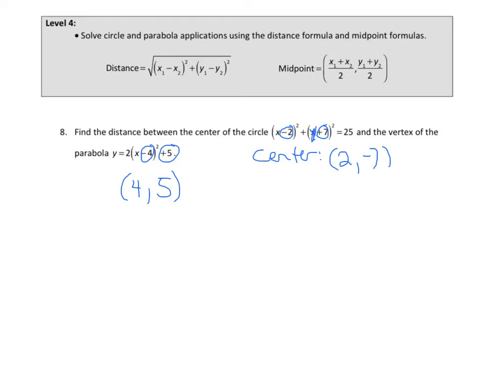So now I just have to find the distance between these 2 points. Remember the distance formula, we subtract the x's. I'll call the center of my circle x1, y1. This could be x2, y2.